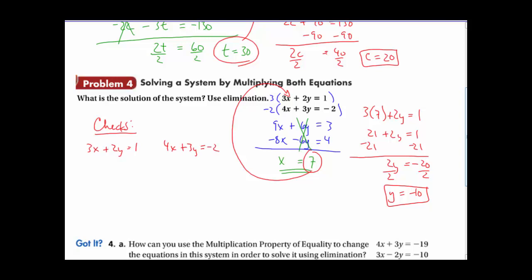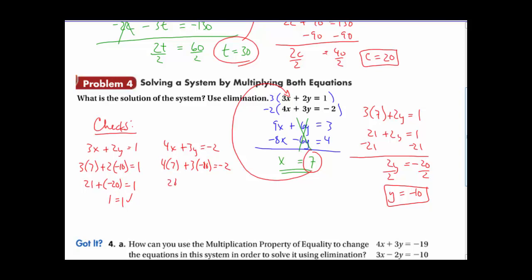We had 7 and negative 10. So 3 times 7 plus 2 times negative 10 should equal 1. 21 plus a negative 20, 21 minus 20 is 1. So that checks out. We plug into the next one. We have 7, 3, again negative 10.